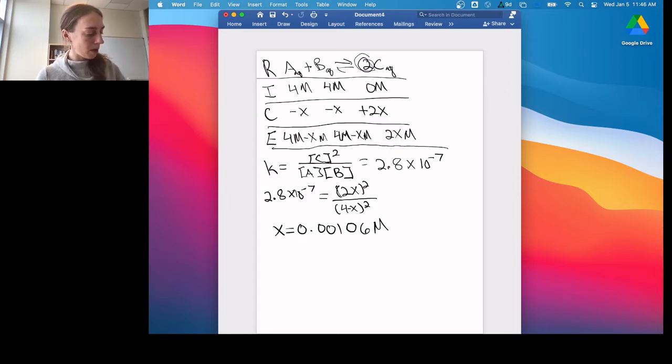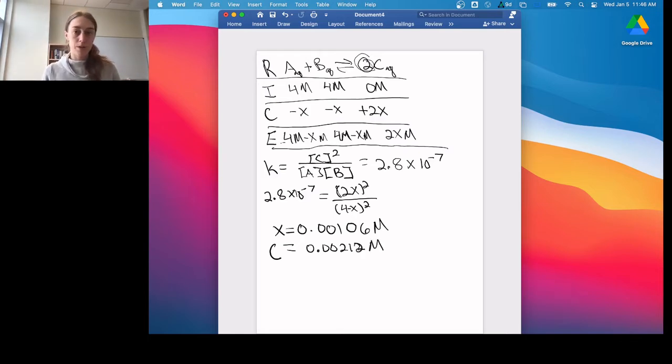So how we would find these concentrations now at the end is for A and B. You'll remember up here we have 4 moles minus x moles for both A and B, which is 4 minus a very small number, so we effectively still have 4 moles of A and B, and then we have 2x moles of C, so our concentration of C is equal to 0.00212 moles.